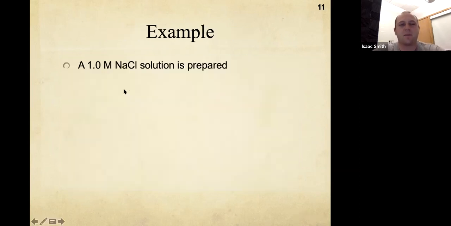Okay, so here's an example of molarity. The correct terminology when you're reading something like this is: a 1 molar sodium chloride solution is prepared. Sometimes you'll see the word molar, like 1 molar sodium chloride solution, and that just refers to molarity.